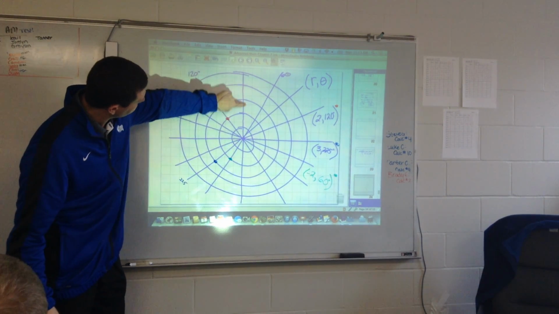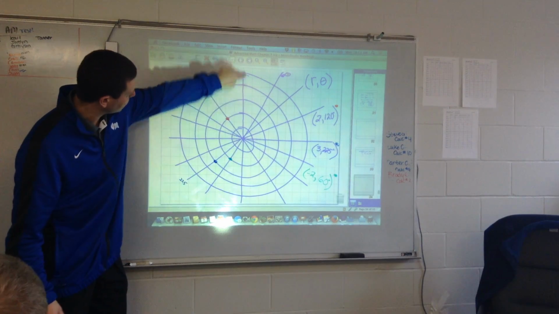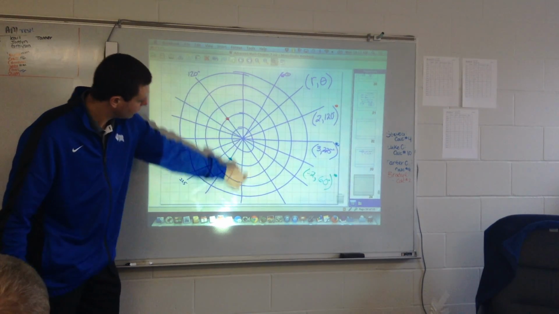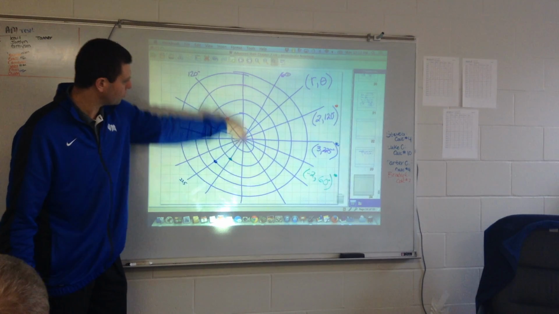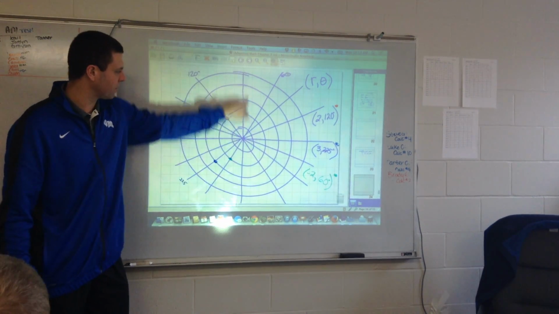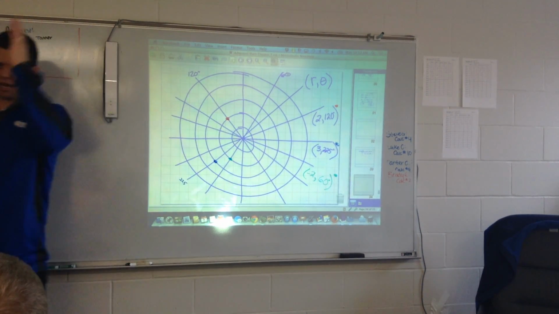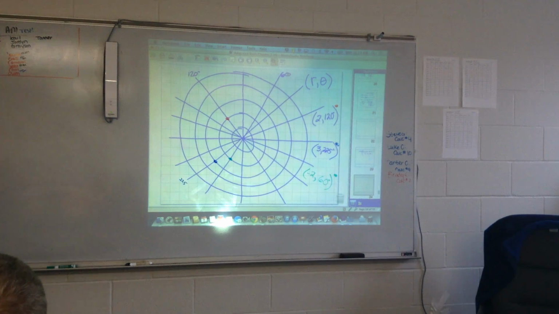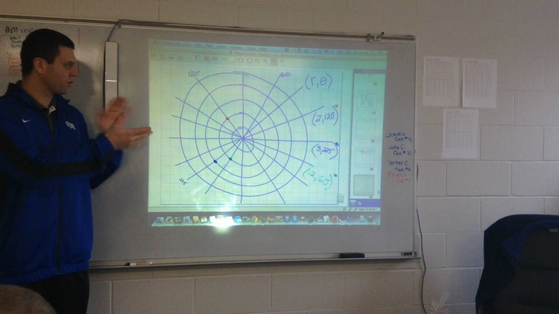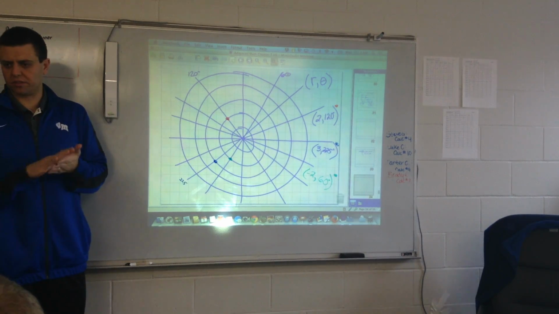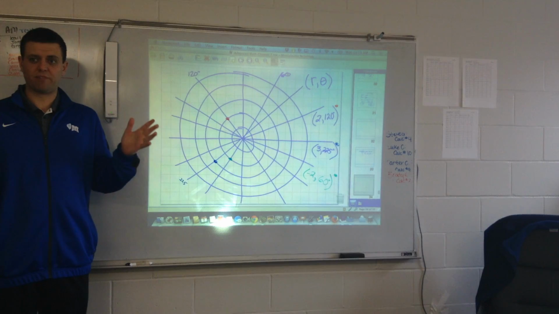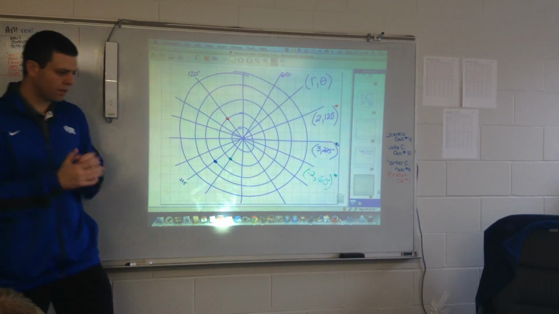So that would be everything here or here, because if the r value was negative, it could end up down here. So theta equals pi over 2, or theta equals 90 degrees, ends up being a vertical line right there on the y-axis. So we'll get to that a little bit more later as well. But kind of just a quick overview of the polar coordinate system. So, fairly simple.